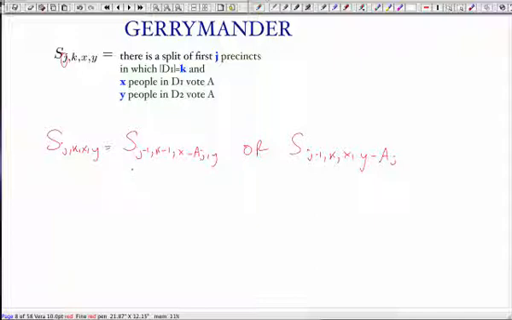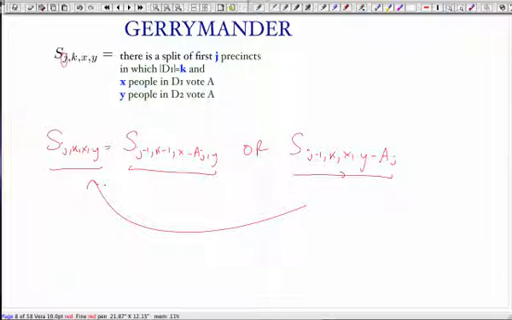When it's assigned to District 1 and this condition is true, then this will be true. If it's assigned to District 2 and this condition is true, then this will also be true.